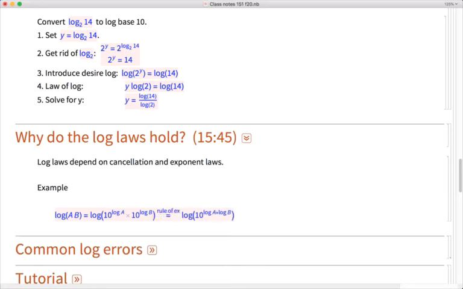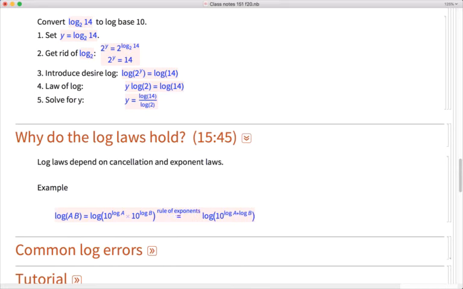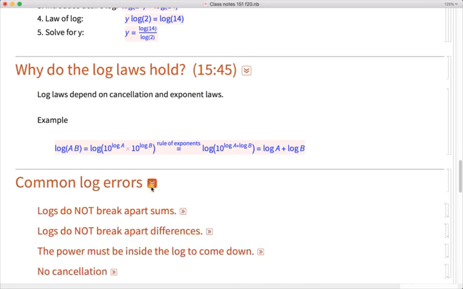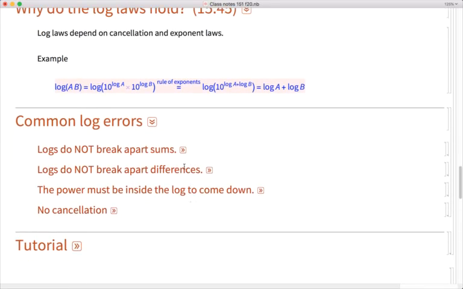Rule of exponents. And then the last thing is now to apply cancellation again. We're taking log base 10 of 10 to the, and it comes out just as the exponent. And that's the proof of that law. The others are similar.